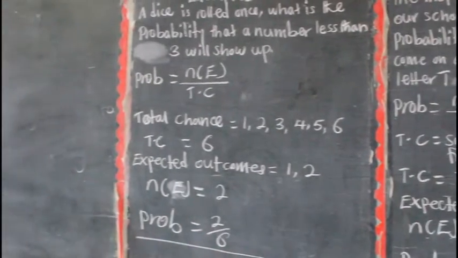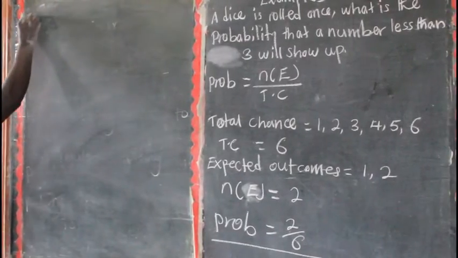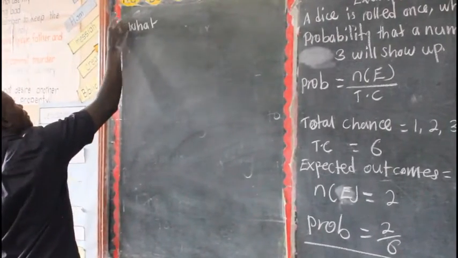Lastly, this is part B of the question. What is the probability of picking a blue pen?